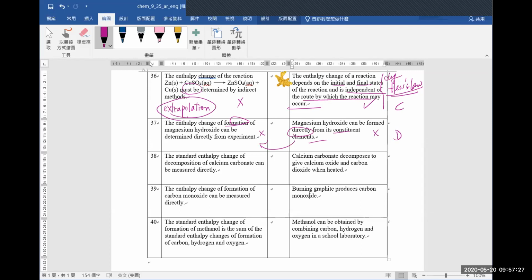For the formation of magnesium hydroxide, first of all, it's 1 mole of magnesium hydroxide, and it's solid. So I need hydrogen gas, oxygen gas, and 1 mole of magnesium to form this compound. So what will happen if I mix the three? You cannot directly produce the hydroxide. Can you get my point?